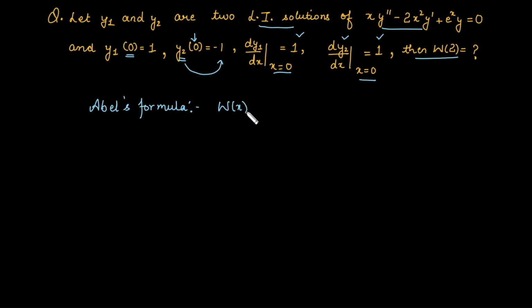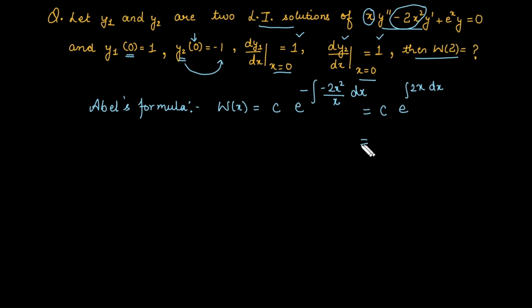So from this, we have the Wronskian value as a constant multiple of e raised to the power minus. The value of a naught in this case is minus 2x square, divided by the coefficient of the second order derivative, that is x. Take its integration with respect to x. So this is equal to a constant times, minus minus will be plus, the integration of 2x dx.